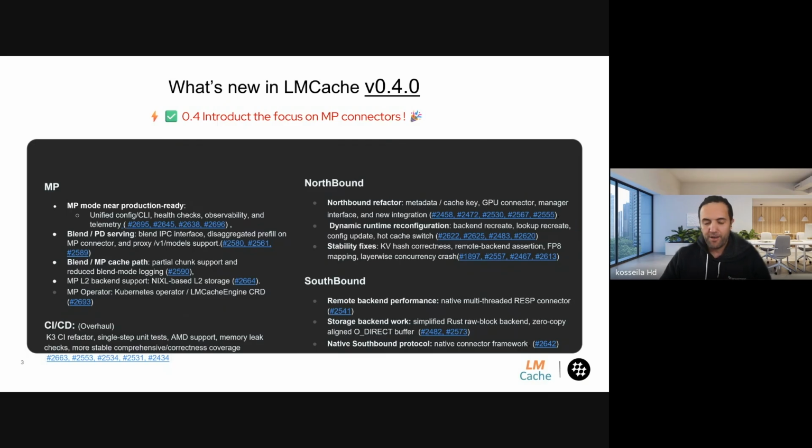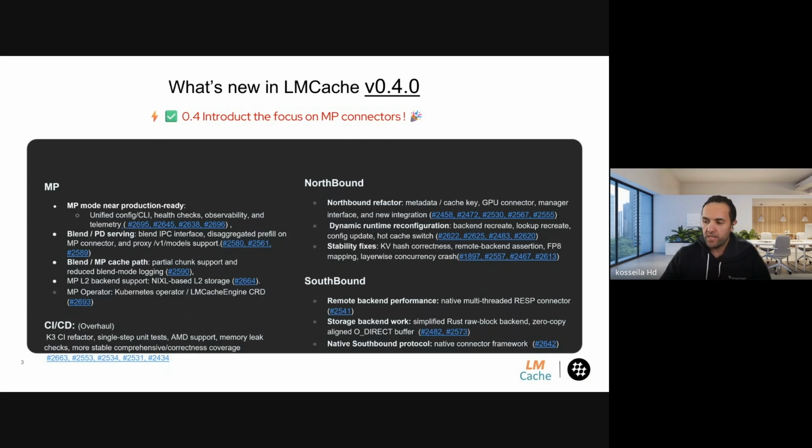In terms of southbound, we're actually moving to lower-level languages when writing the connectors, talking about more Rust and C++ based languages, and that would help to privilege a higher throughput as opposed to Python.